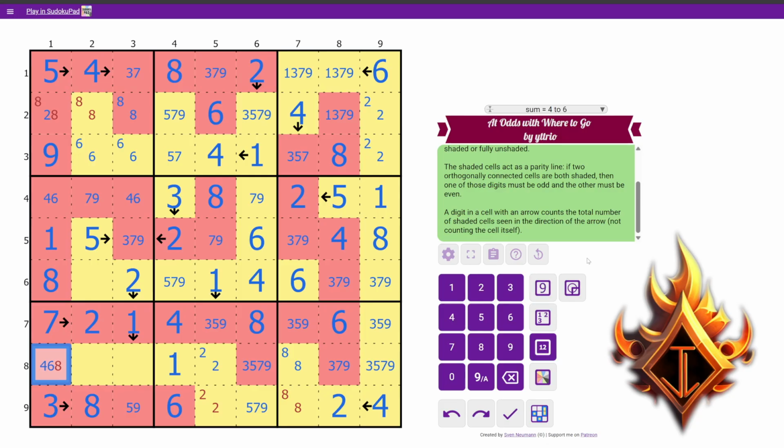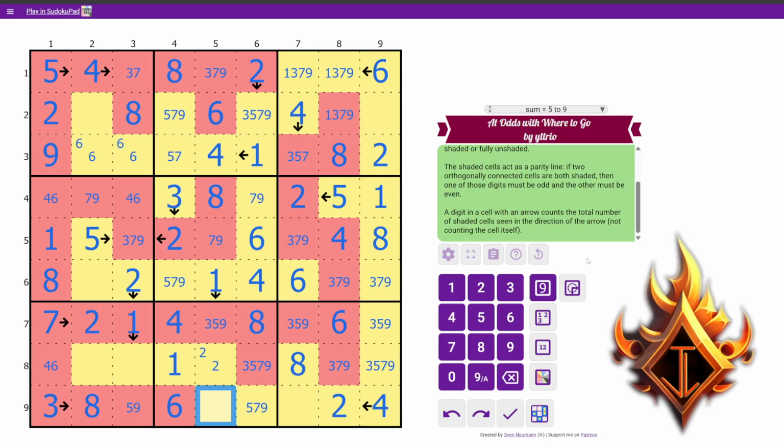But that does a lot down here as well. Good, good. This is 2. So this is 8. That gives me this 2. That'll do this 8. That 2. We're missing an even over here somewhere.